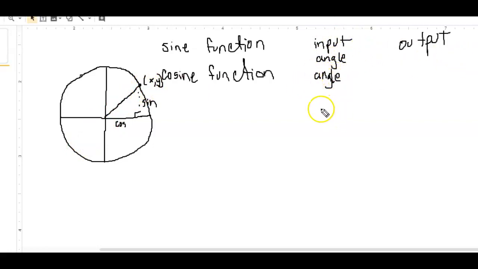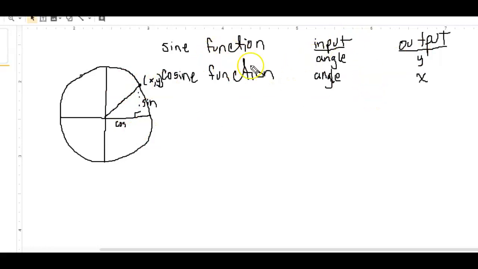So that's our input, our x value of the function. The output of the function was either the x or y value of the circle on this point. So for the cosine function, it was the x value of this point. For the sine function, it was the y value of this point.